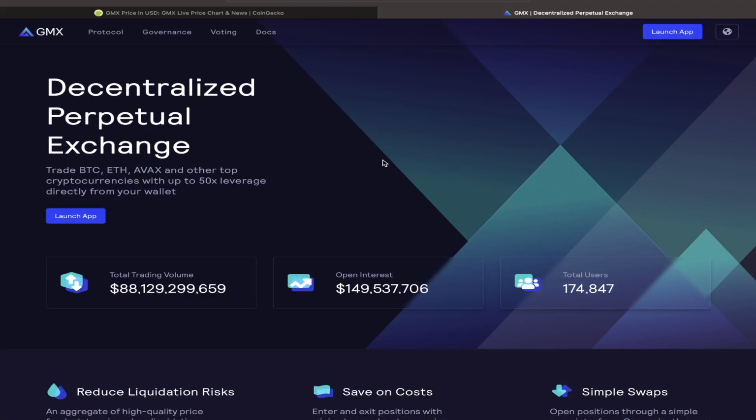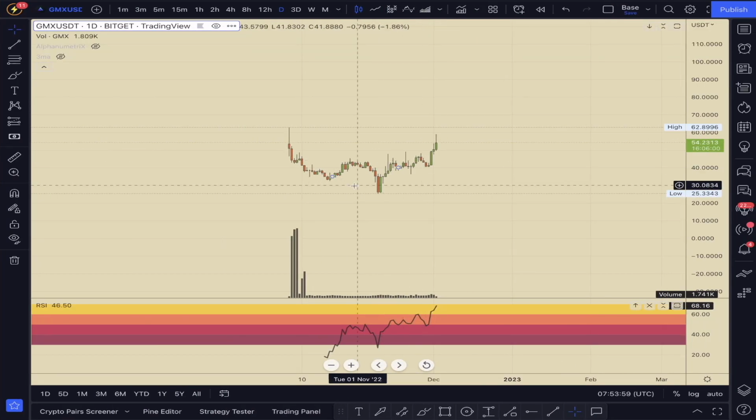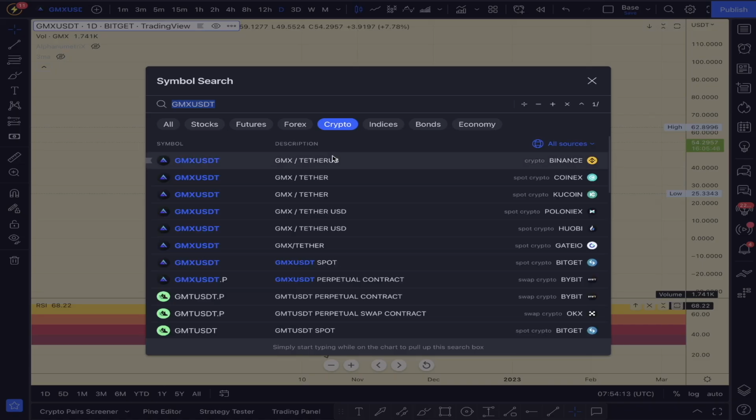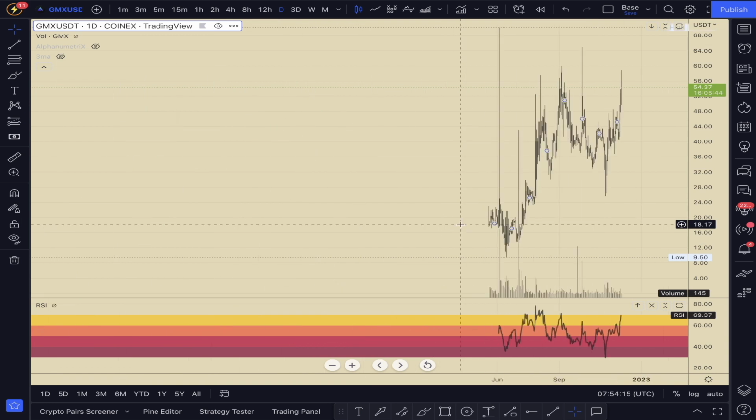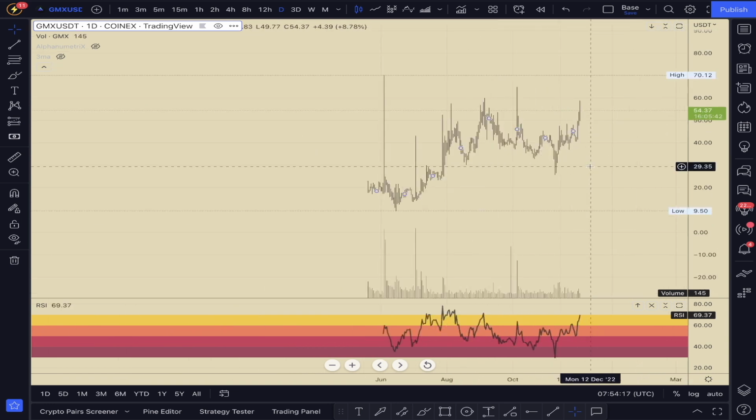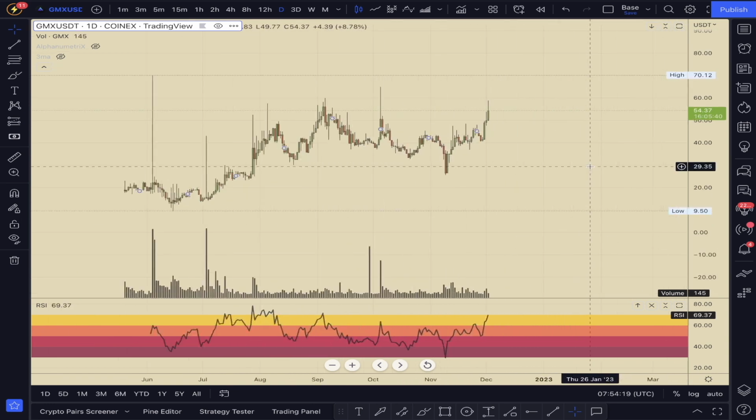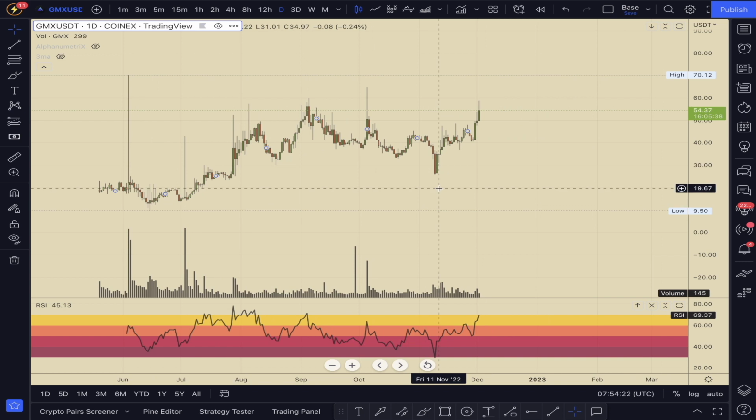Yeah, so I'm very bullish on the coin, but I'm not buying this until it comes back down to reality here. So, low of 25. Yeah, I want to see it come even lower. I know that there was a longer chart. Yes, this was the chart. You're on CoinX. So yeah, I want to see it come back down to $20.